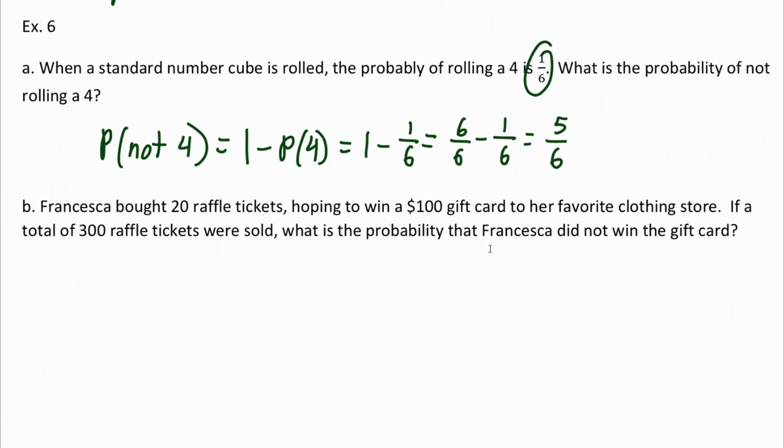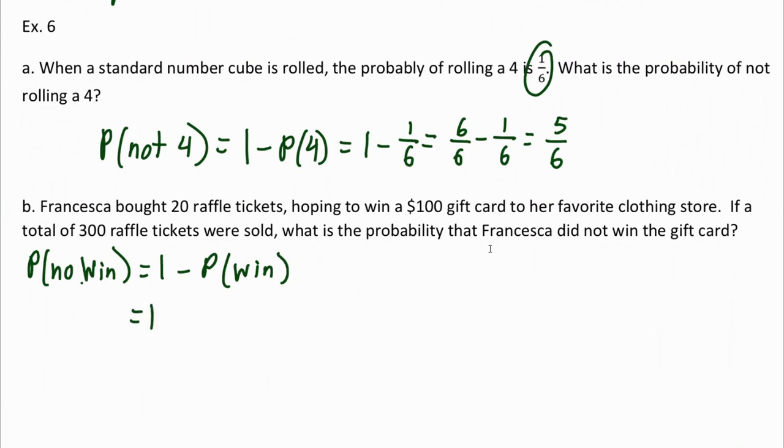So this one says Francesca bought 20 raffle tickets hoping to win a $100 gift card to her favorite clothing store. If a total of 300 raffle tickets were sold, what's the probability that Francesca did not win the gift card? So again, the probability of her not winning is going to be 1 minus the probability of her winning.